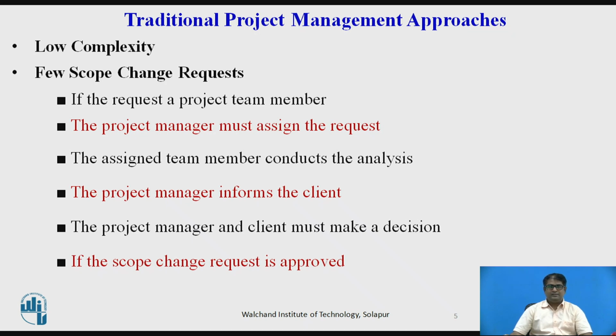The project manager and client must take a decision as to whether the change will be approved and, if so, how it will be accomplished. If the scope change request is approved, the project scope, cost, schedule, resource requirements and client acceptance criteria are updated.